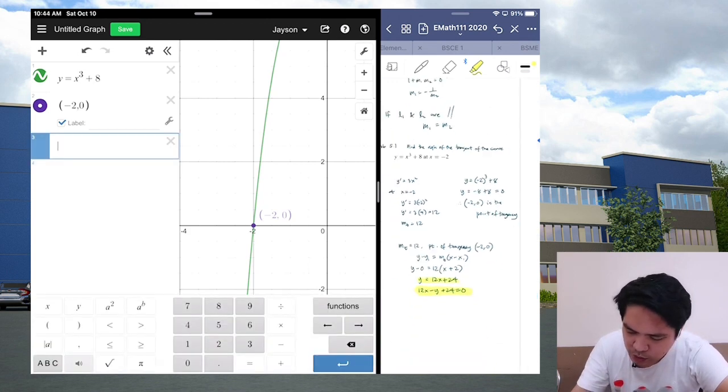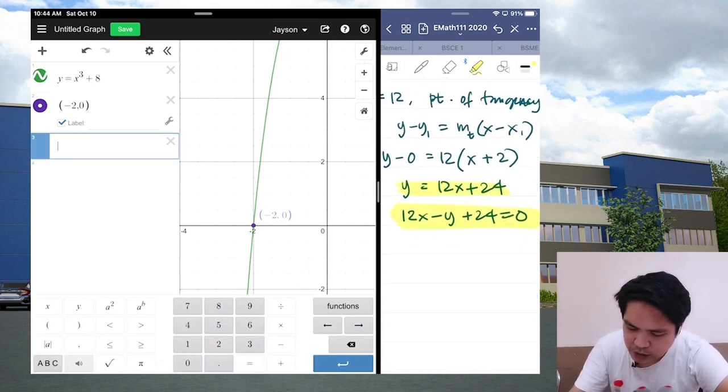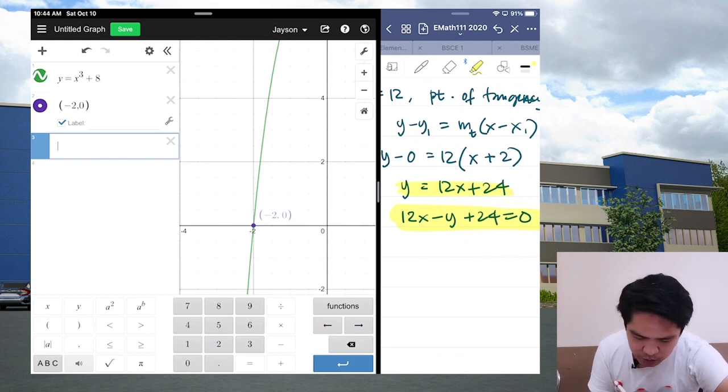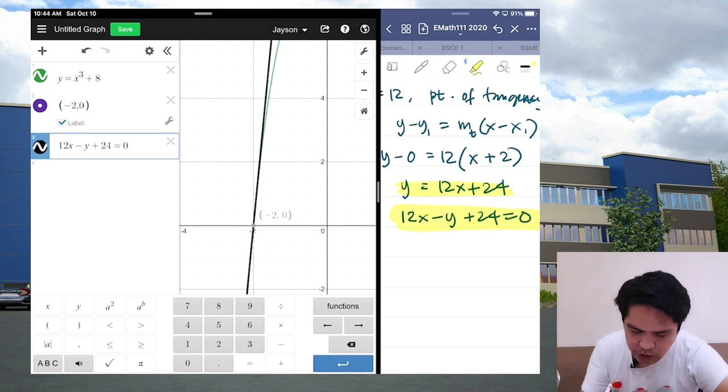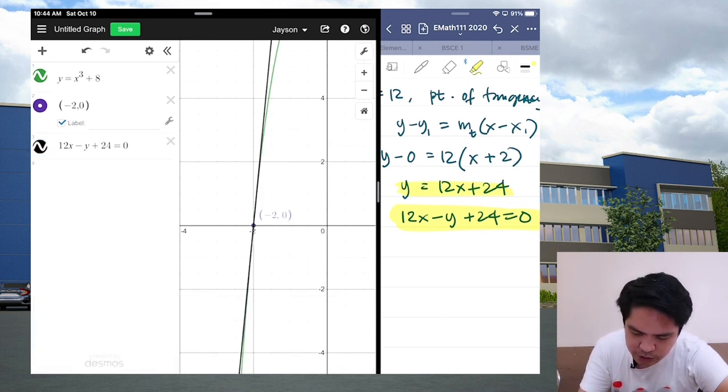Now, our answer for the tangent line, tingnan natin kung tama, is 12x minus y plus 24 equals 0. That is our tangent line.